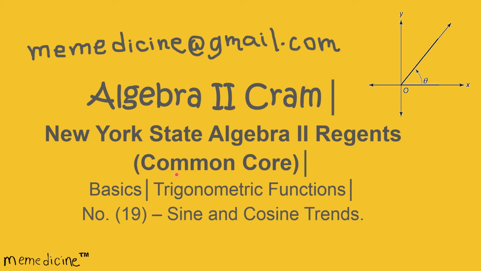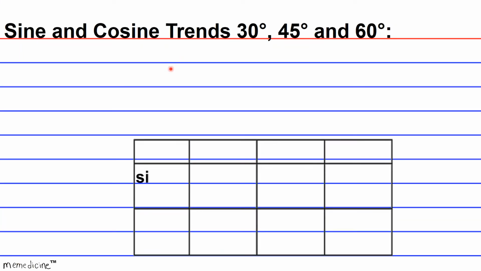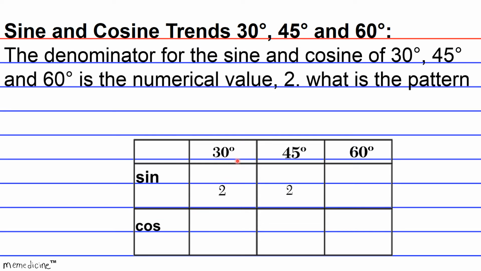Let's delve into the concept of sine and cosine trends, specifically in quadrant 1, okay? Sine and cosine trends for 30 degrees, 45 degrees, and 60 degrees. The denominator for the sine and cosine of 30 degrees, 45 degrees, and 60 degrees is the numerical value 2.